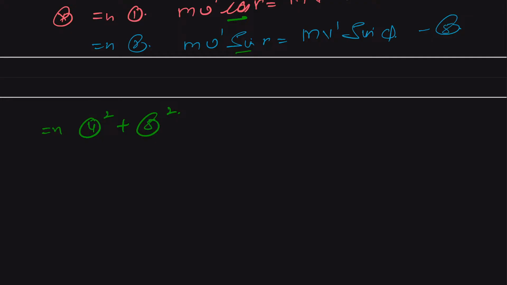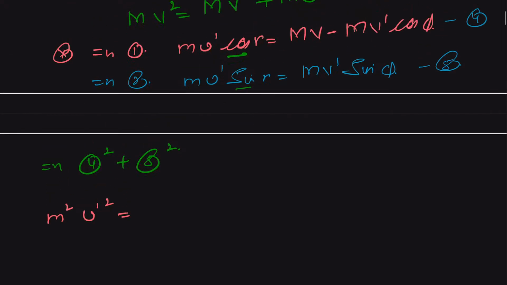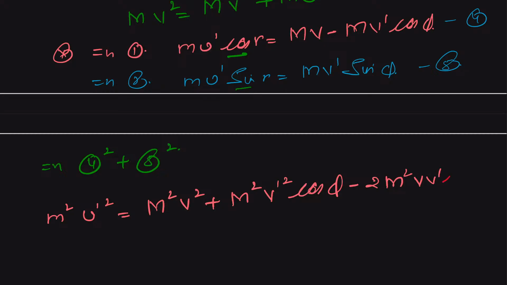Therefore, we can say on the left side we get this as our m square v prime square is equal to, on the right side, the first term will be m square v square plus m square v prime square, minus twice m square v v prime cos of phi.